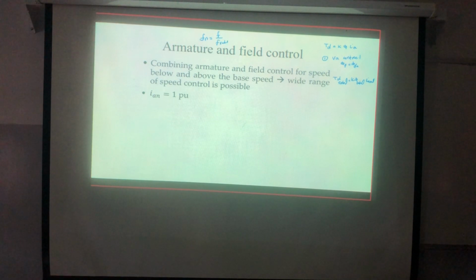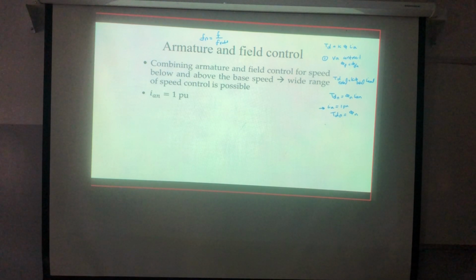So TD normalized equals phi normalized times IA normalized, correct? Now, if I'm assuming that IA is equal to 1 per unit, then the curve of the developed torque will equal the curve of the flux, yes or no? Yes, under this assumption.